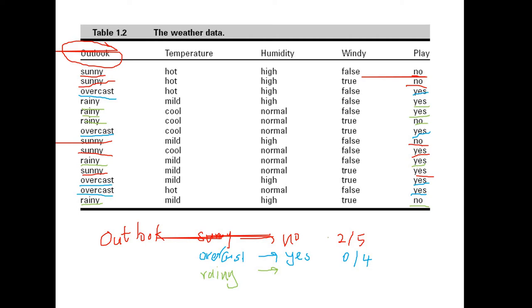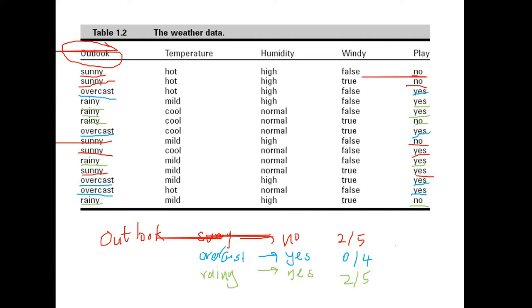What is the most frequent class? Yes. And the error rate is, out of 5 instances, how many errors? There are 2 no's, right? So this is the error rate.